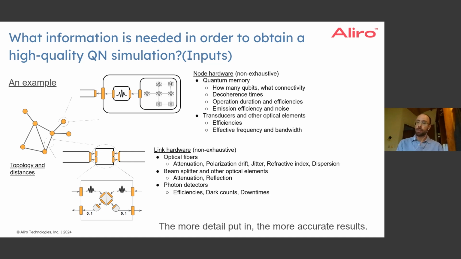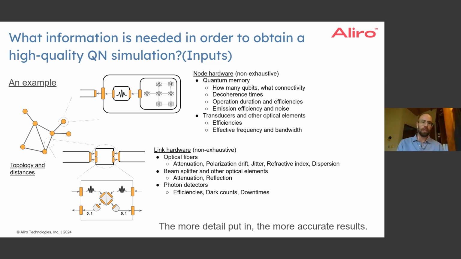If you're going to do operations on these, what efficiencies do those operations have, and how much time do they take? When we emit a photon, what effect does that have on the emitted photon, but also on the qubits that are still left behind?